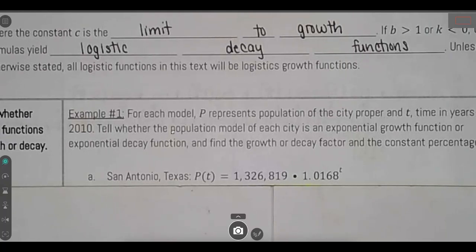And put it on your whiteboard and I'll give you a point. So you can just put growth or decay. Basically, you're determining is it going up or going down from left to right. You can graph it, but hopefully you can also kind of see.